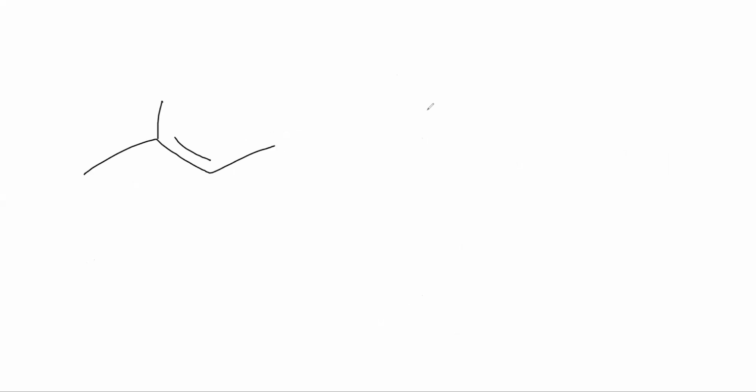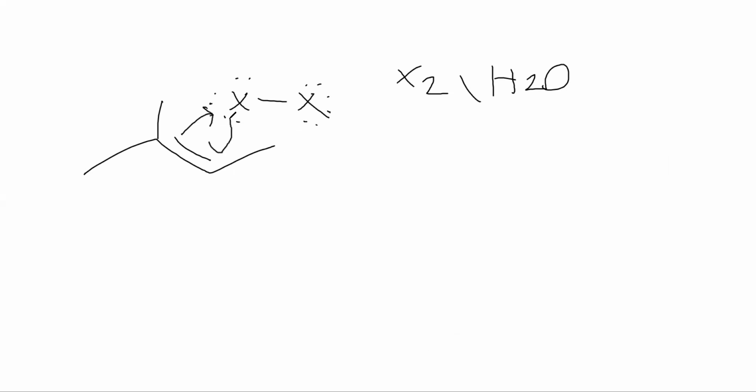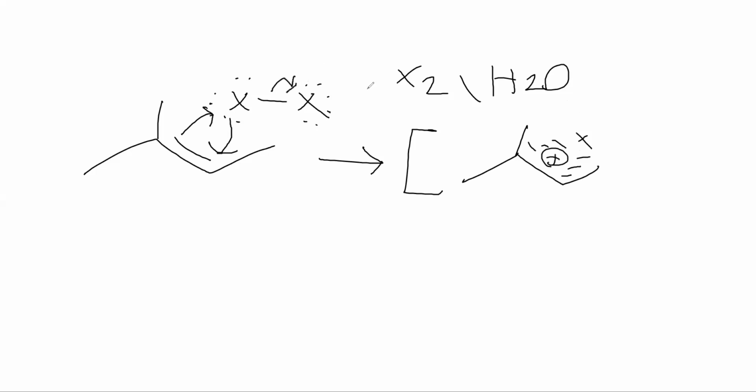Another mechanism you guys need to know is the addition of X2 and water. The first step is exactly the same as the addition of X2. And that bond breaks.